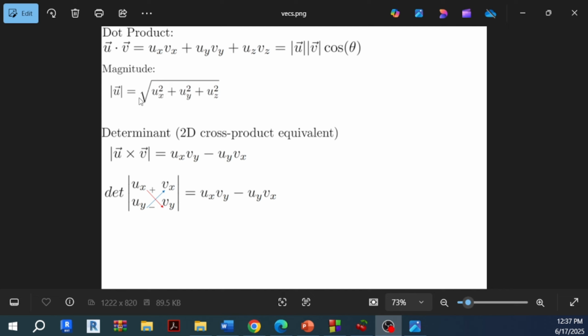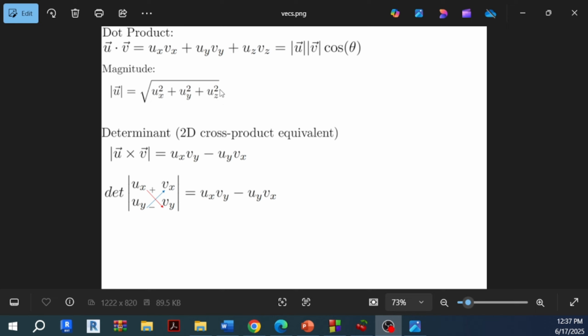For the distance between two vectors, instead of having the square root of ux squared plus uy squared plus uz squared, it is the square root of ux minus vx squared plus uy minus vy squared plus uz minus vz squared.